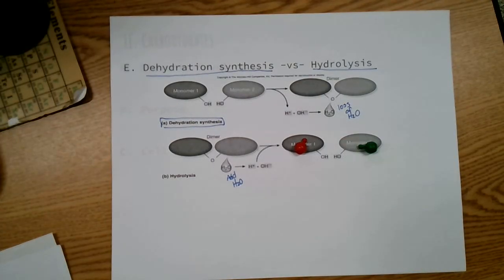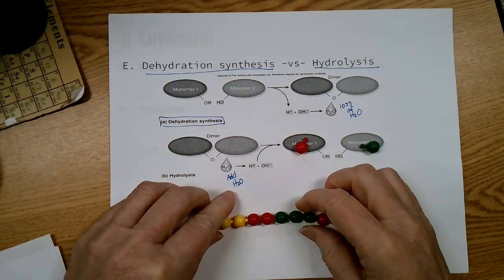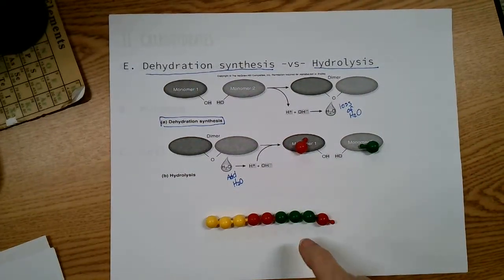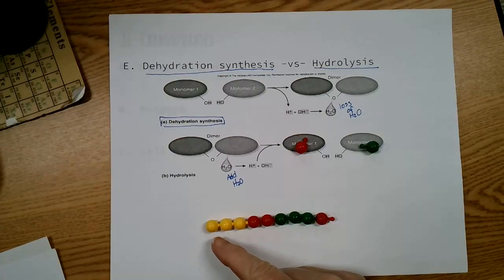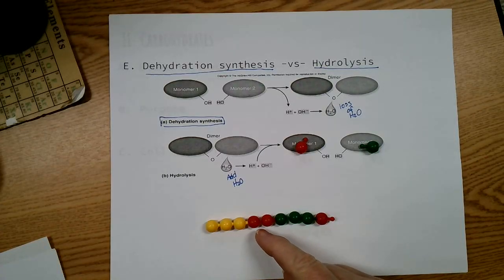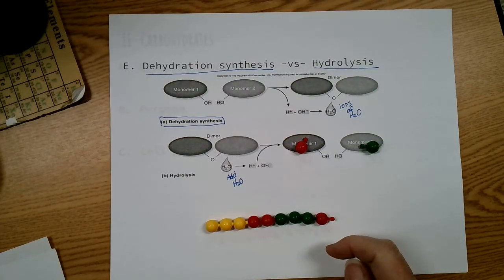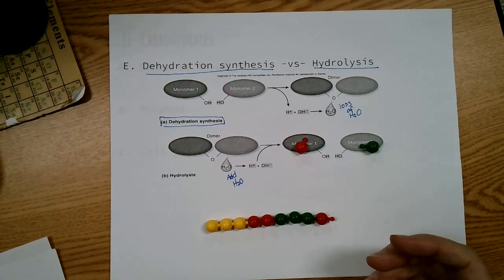Let's see if we can figure this one out. This polymer has 1, 2, 3, 4, 5, 6, 7, 8, 9 monomers to it. So how many water molecules were removed to connect this one? There's 9 monomers. How many bonds are there? And you can see it's 8. So you might be seeing a trend.